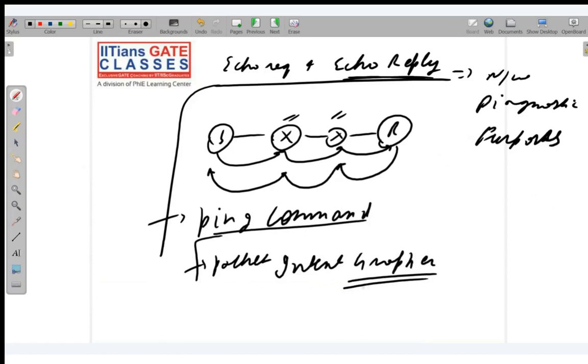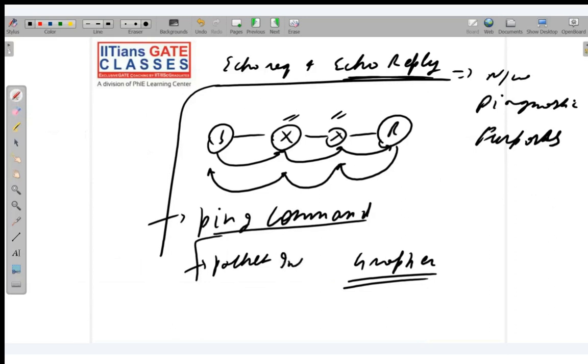Groper means you are finding something in the dark, like you are in a dark room and something fell down and you are searching for that thing. That is groper. So Packet Internet Groper is the full form of ping command.